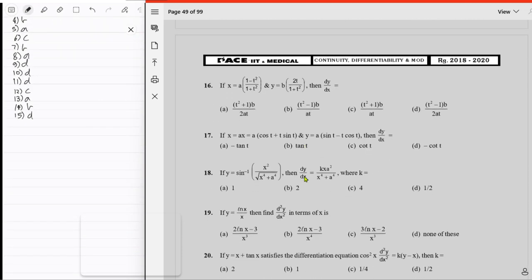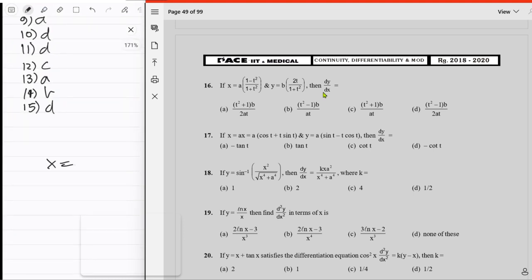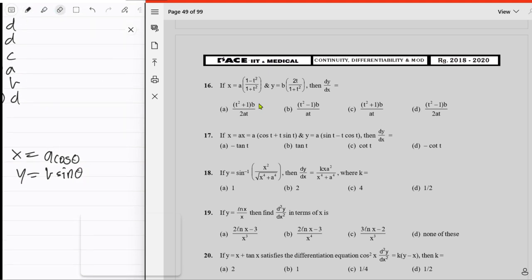Okay, next. If x is equal to a times 1 minus t square upon 1 plus t square and y is equal to this thing, then dy upon dx is, just do it like this. x is equal to a cosine theta, y is equal to b sine theta, then what's dy upon dx? But of course, cosine theta equal to 1 minus t square upon 1 plus t square, where t is just tan of theta upon 2. If that is, you know what, just put 2 theta. So now tan theta is t.